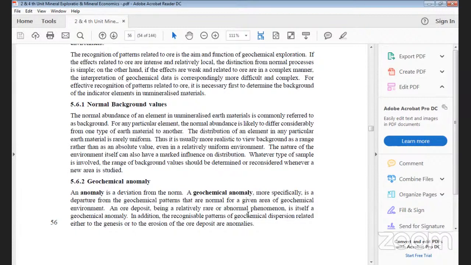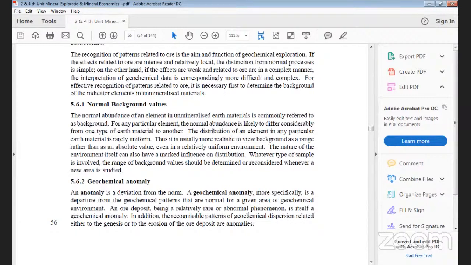The distribution of any element in a particular earth material is very rarely uniform. Thus, it is usually more realistic to view background as a range rather than as an absolute value.